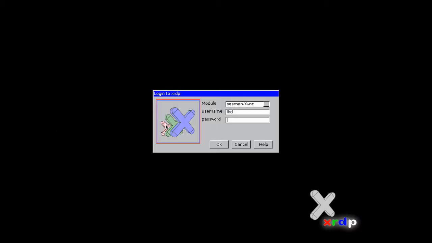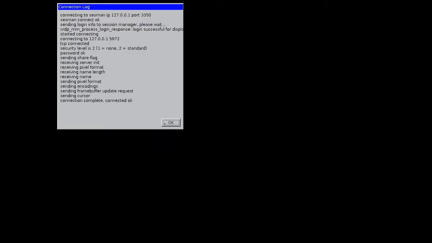It says login failed. Don't know if it's the speed of the connection or the lack of it.